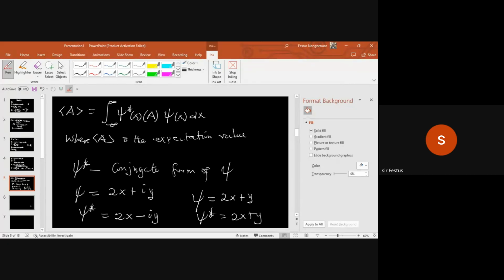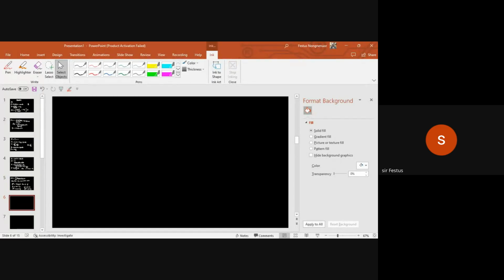So this is how we write it. Let's say we have a displacement or a position which we want to find the average. This will be equal to the integral from minus infinity to infinity. Then you have your psi conjugate of x, then psi, then you bring the operator, so x.